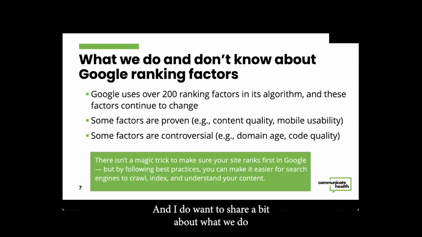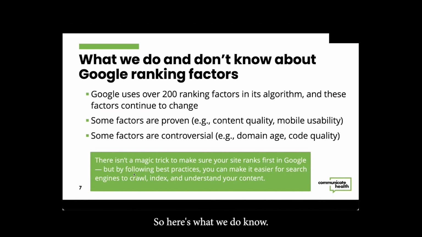And I do want to share a bit about what we do and don't know about Google ranking factors. I'm using Google here since that is the most common search engine, and I do want to note that other search engines have slightly different algorithms. But for the purpose of today's presentation, we'll focus on Google.